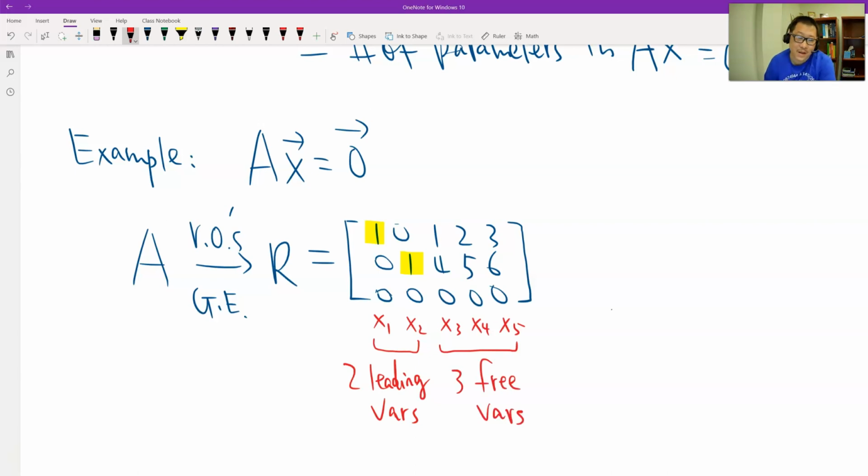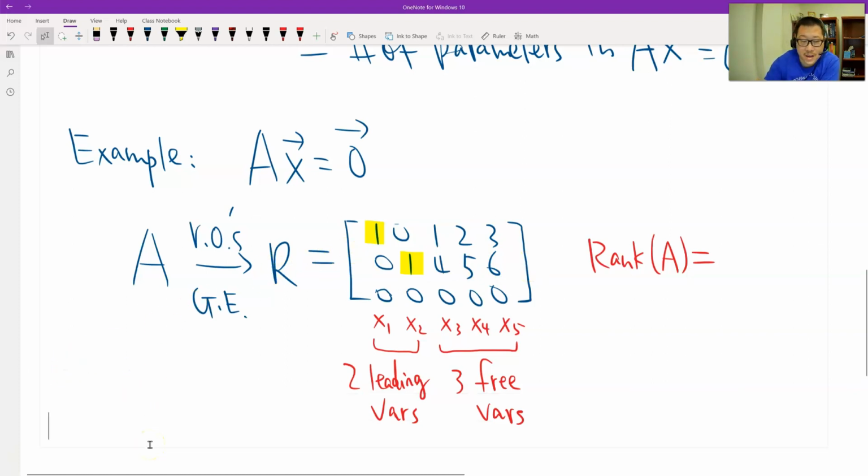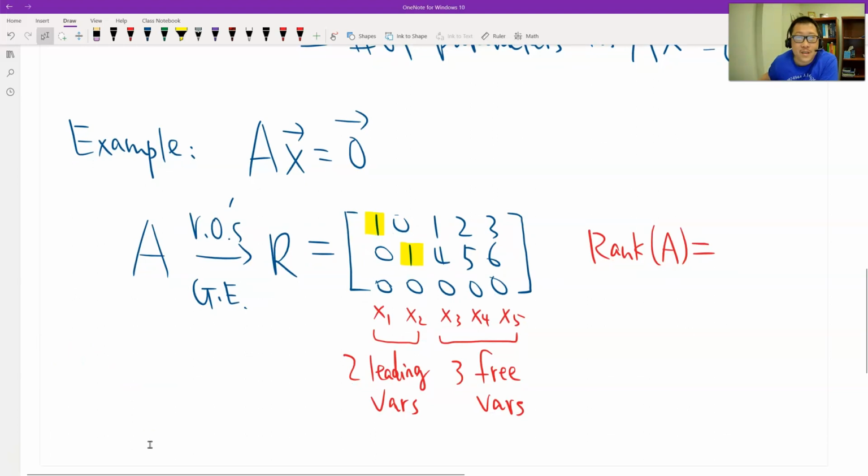And we look at the rank of A. The rank of A is the dimension of the row space, and the first row and the second row form a basis. Therefore, the dimension of the row space is 2, right? And the 2 exactly is the number of leading variables. So that's the first result.